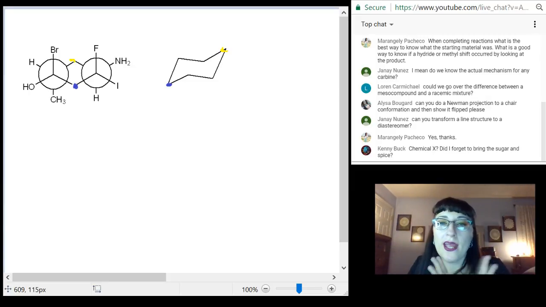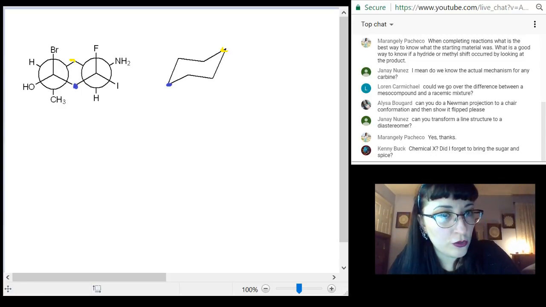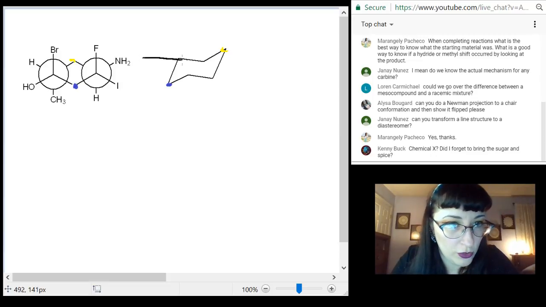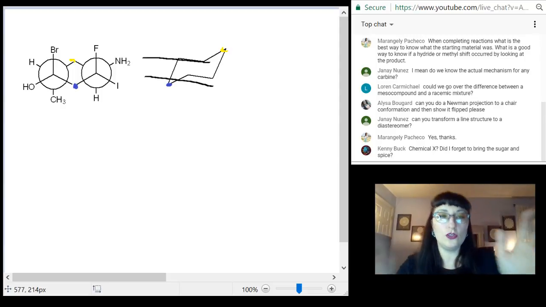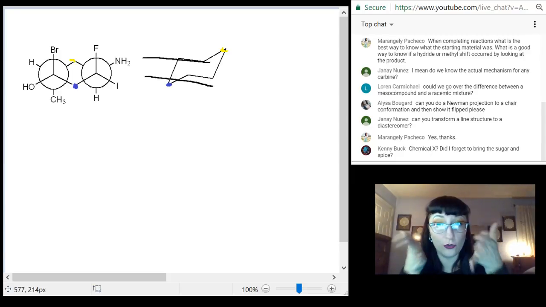Okay, so now I have to identify the other components. When you're talking about a Newman projection of a cyclohexane, you're generally looking down that carbon-carbon bond and that carbon-carbon bond. So the four that you haven't already color-coded are the ones you're looking down.